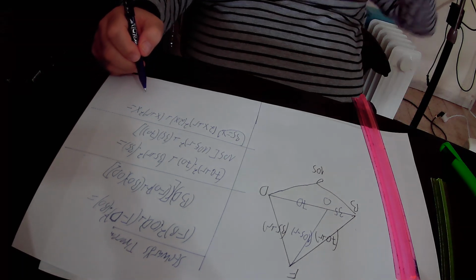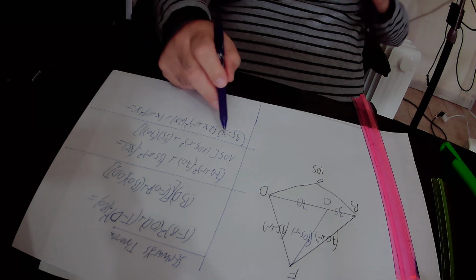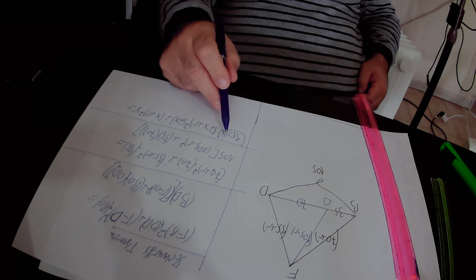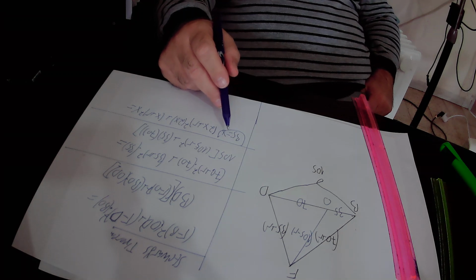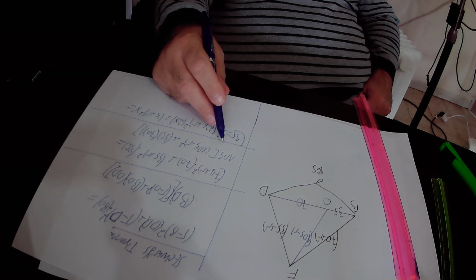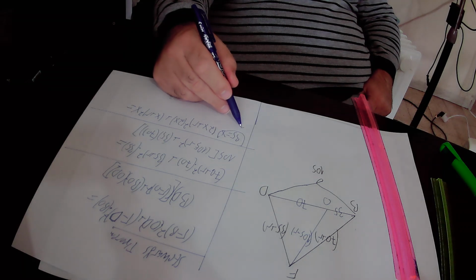And it is equal to 105. 105 is 3 times 35. And 35 is x, therefore 105 is 3x. We substitute 105 by 3x.